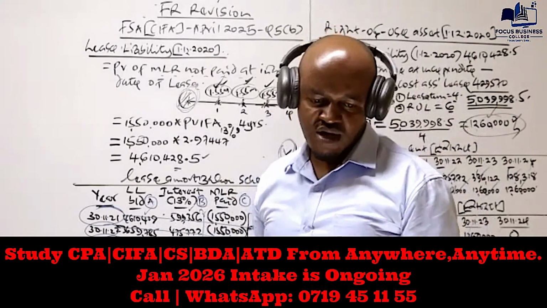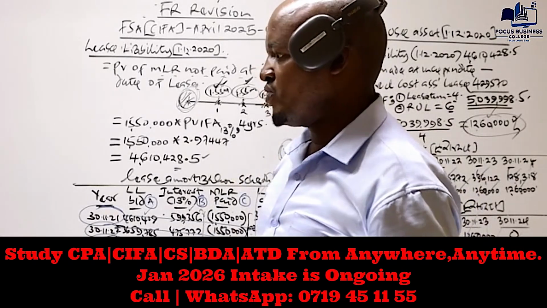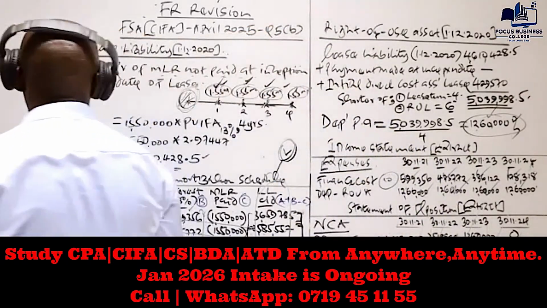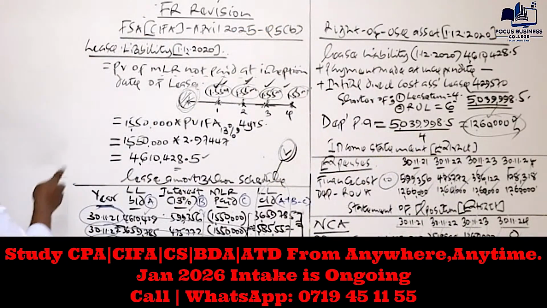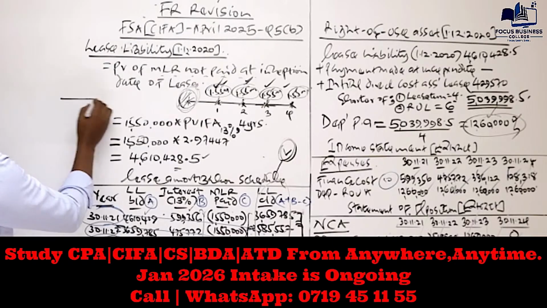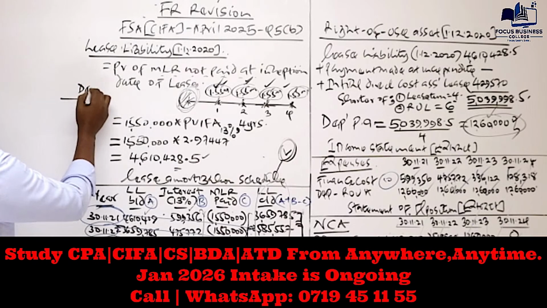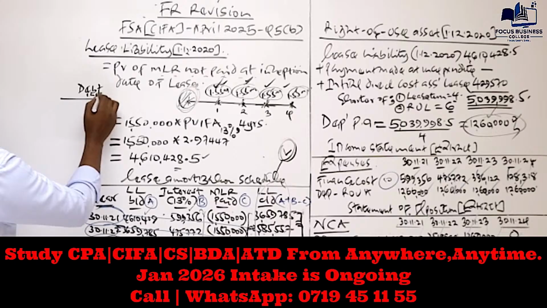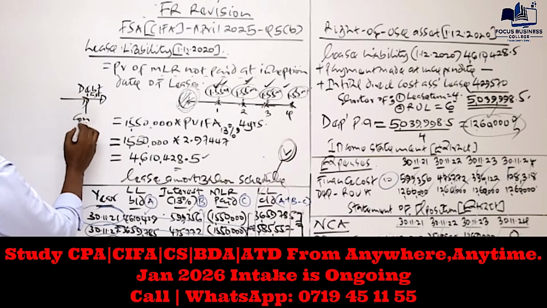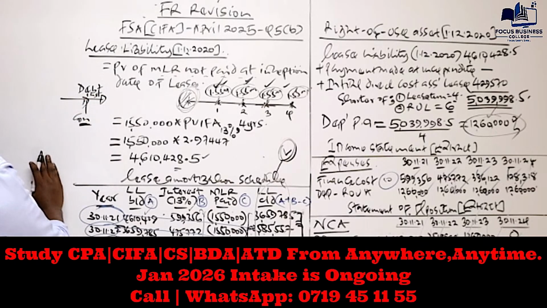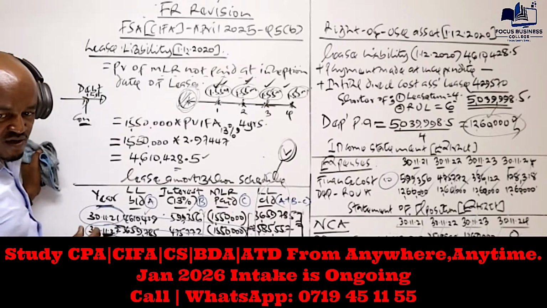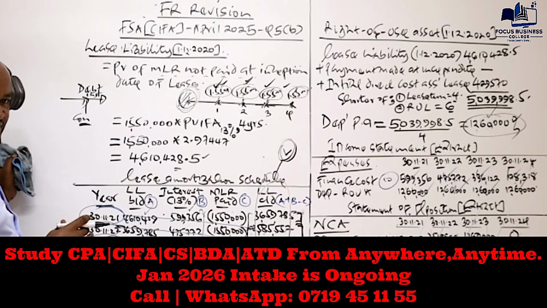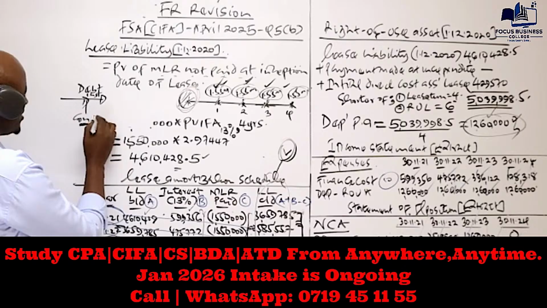Now if you happen to come across this question and you see the word convertible, for example, you're told a company issued a debt instrument, and that debt instrument happens to be convertible, then what you need to remember very fast is that this is a compound financial instrument.